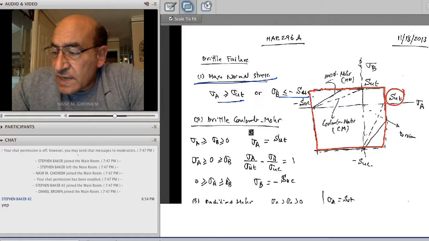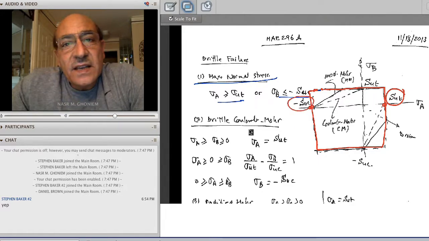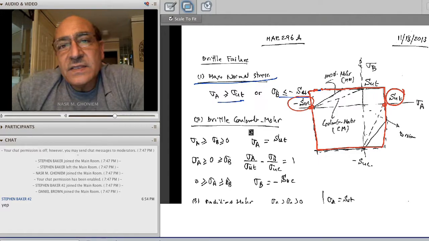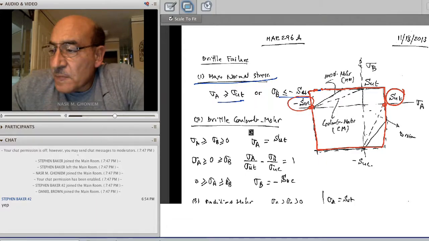It has one side at S ultimate tension, and the other side at minus S ultimate compression. So it's exactly the same as the ductile yield, except that we have two values, one for tension and compression, and then we don't have yield, we just have ultimate. That will be the change that we would have.